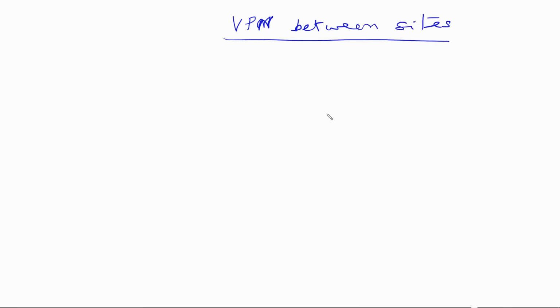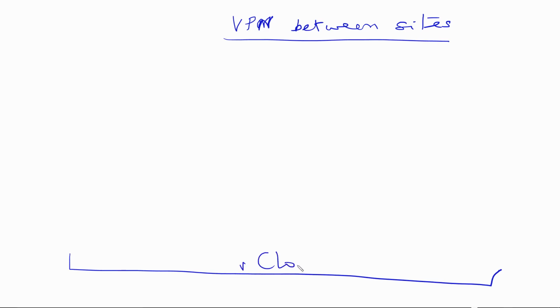So we are now back at the whiteboard, and we are going to pick up some ink and draw out for you the VPN between sites. And the way I'm going to sketch it out is this. So within my vCloud Air, this is all vCloud Air, I'm using vCloud has many more regions.